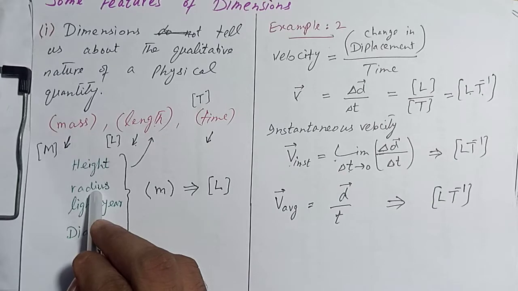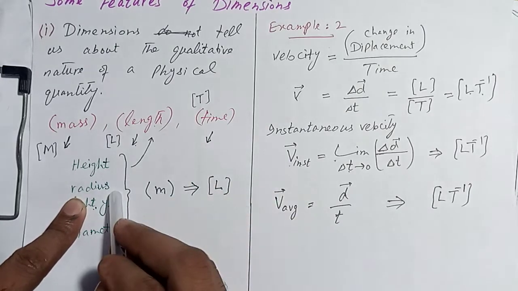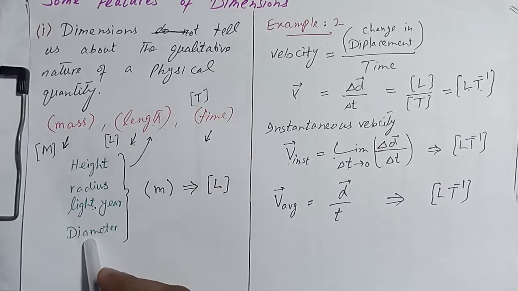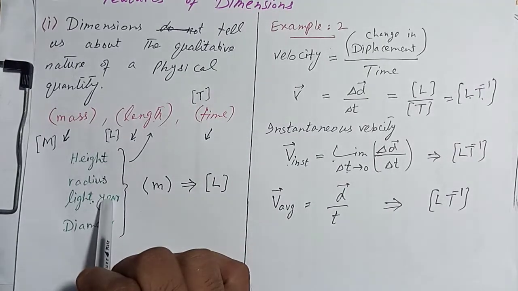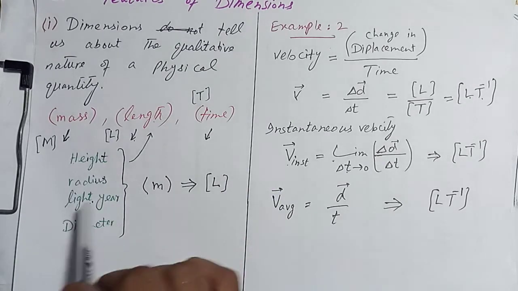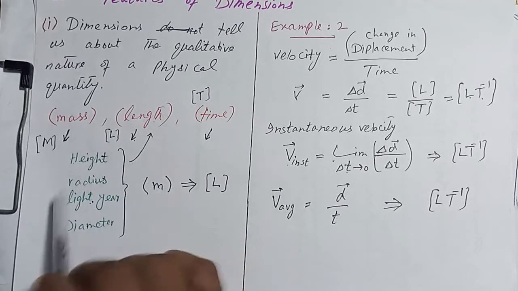Radius represents a length from center of circle to its circumference, to its boundary. Light year is a distance that is covered by light in 1 year. Diameter, that is also distance. So basically all these names represent a quantity that is same in nature, which is length.